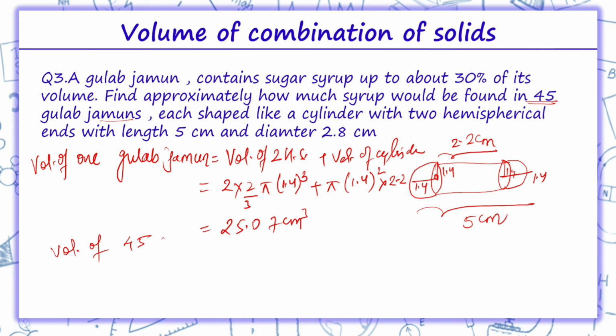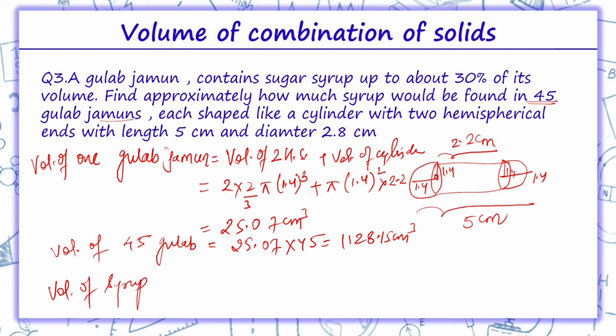Now we have 45 gulab jamuns. So the volume of 45 gulab jamuns will be 25.07 into 45, which is equal to 1128.5 centimeter cube. Now we have to calculate the volume of syrup. As they mentioned in the question, the syrup contains 30% of its volume.